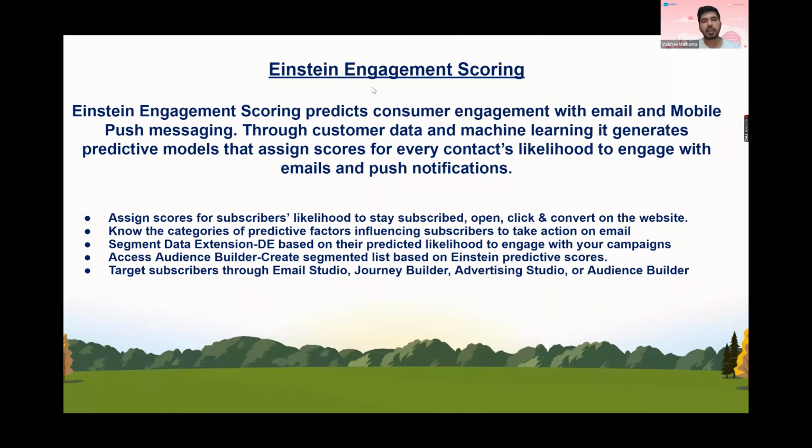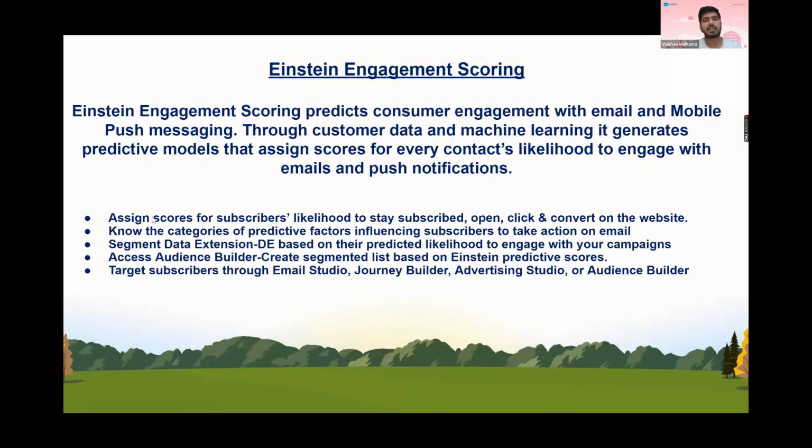So Einstein engagement scoring does the scoring for you. It gives you scores based on the past purchases those customers have done. The basic rule of how Einstein works is it analyzes your 90 days of past data and presents you insights. It never uses 1 week old data or 2 weeks old data or 2 months old data. It generally looks at 90 days and presents you the insights.